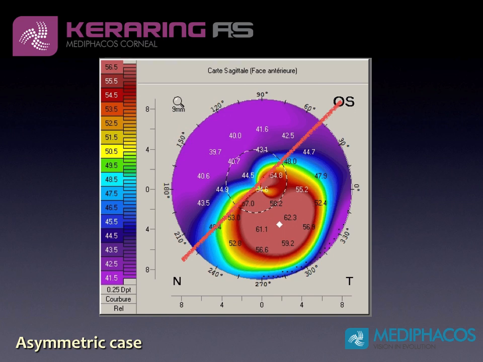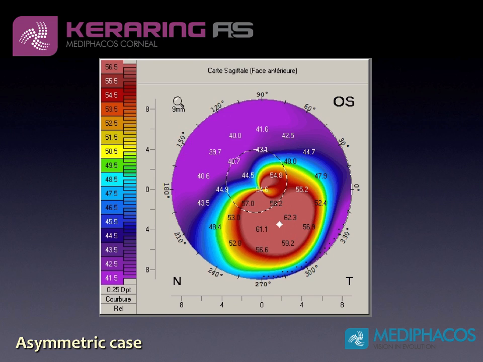As mentioned, these cases would normally receive either one ring segment on the inferior temporal side or perhaps a second segment of shorter arc length on the opposite side to help with astigmatic correction.